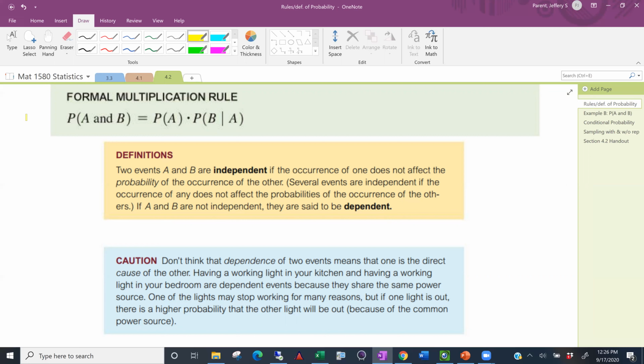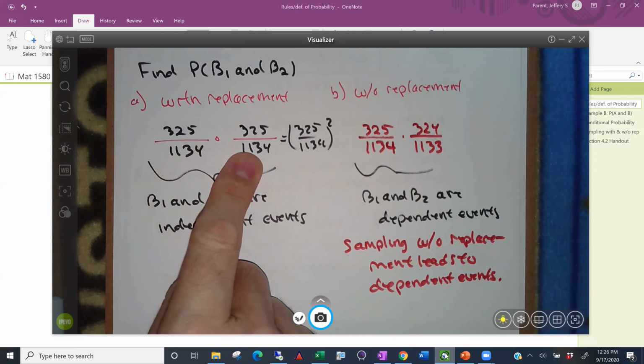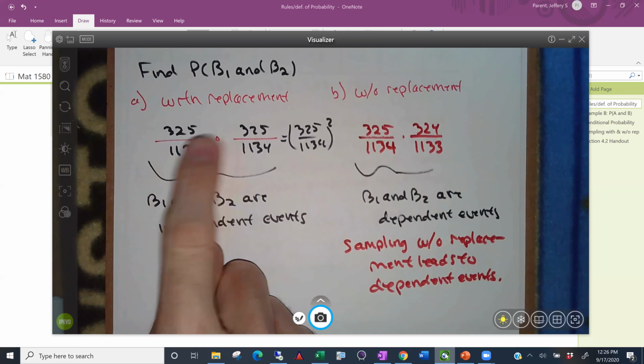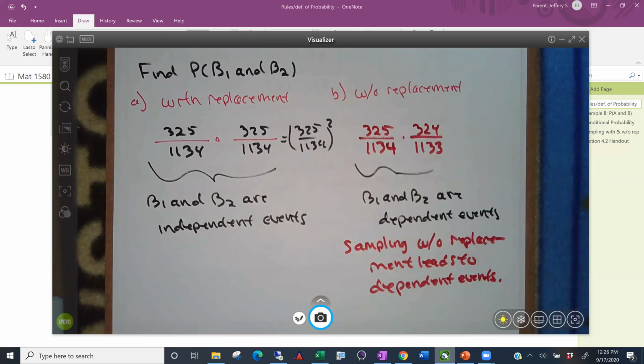If A and B are not independent, they're said to be dependent. That's what we saw going on here. The fact that we pulled out somebody that ate at restaurant B didn't change the probability that we could get the second person that ate at restaurant B. Those are the same. But when you're sampling without replacement, it did make a difference.